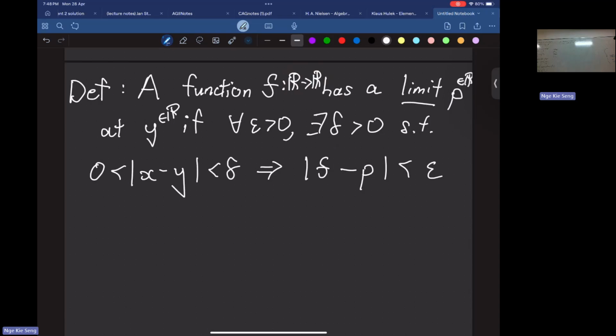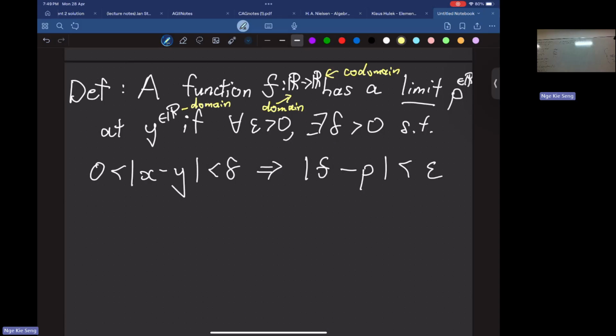Where the function takes a point in, we call it the domain, and when it's spat out, we call it the codomain. So if I say that a function f has a limit p at y, this y comes from which, domain or codomain? Domain. Okay. This point here actually lives in the domain.